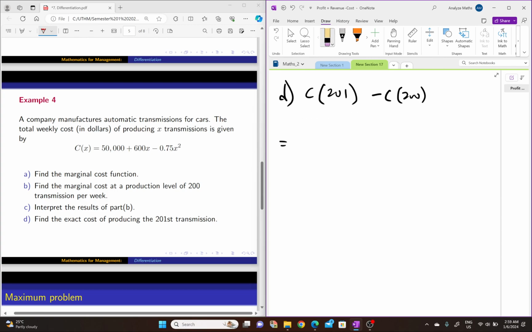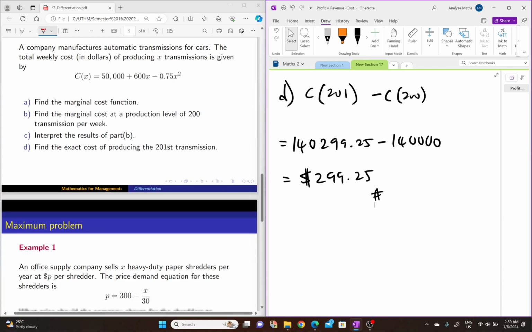If you compute total cost of 201, you will get 140299 minus this one, and you will get 299.25. This is the exact value. That's regarding rate of change.